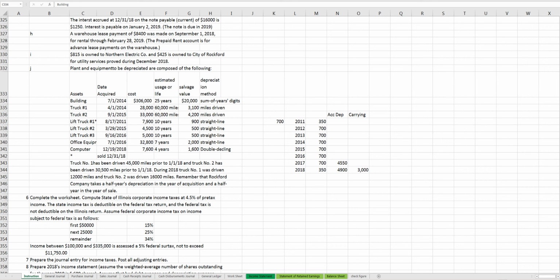So the first year is a partial year, right? First year is a partial year, followed by the second year, which is a full year. So this is a typical partial year sum of the year digits calculation, and you should be able to calculate my 2018 depreciation expense.